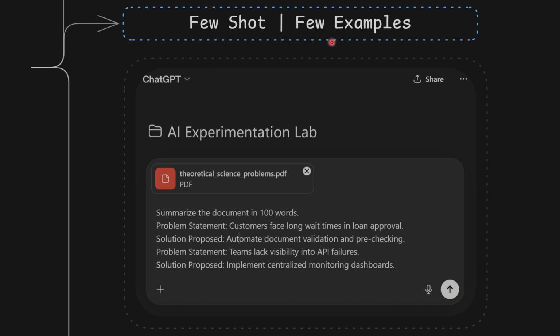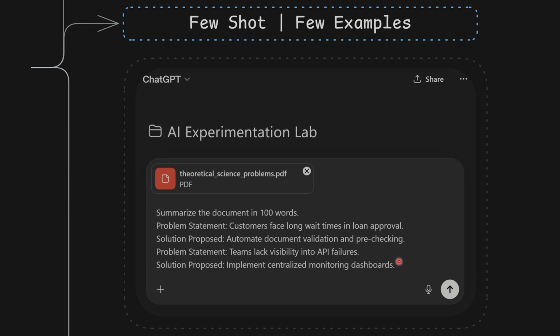Here is a few shot version. You give two examples first, problem statement, solution proposed, the format that you expected from the LLM output. And when you provide this prompt with few shot, now the output becomes much more structured, more consistent, and usually much better aligned. So few shot is not about intelligence, it is all about alignment.